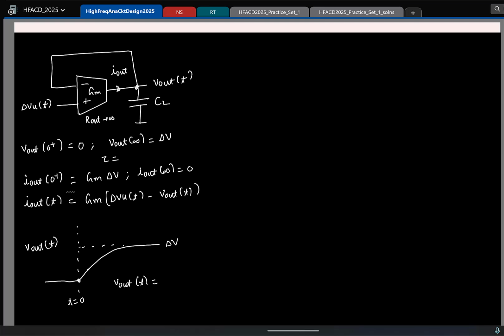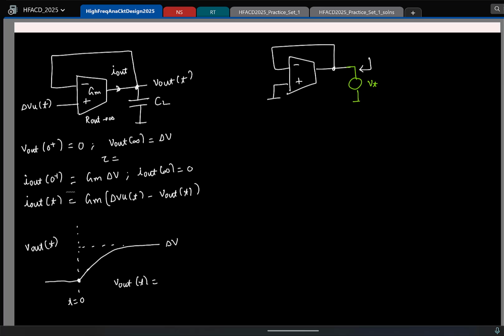So let me just redraw this here. I need to find the effective resistance looking here. I'll short all the other inputs. So how do you find the effective resistance now? Yeah, the same old, you apply V test.